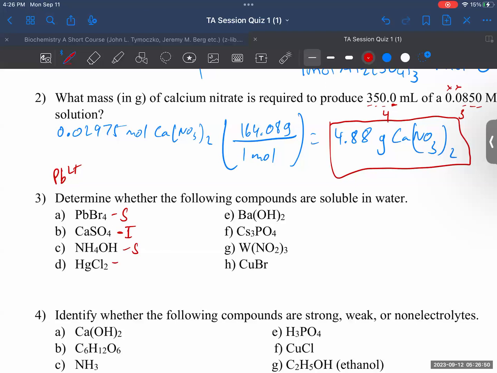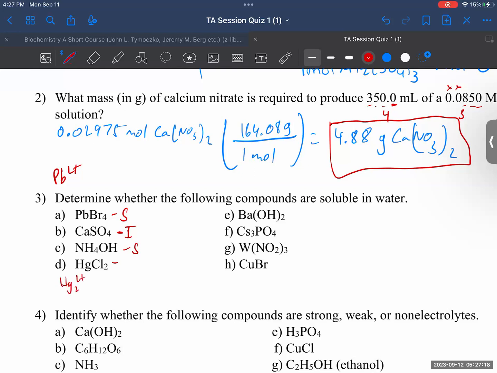Mercury, HgCl2. Something with mercury. Soluble? Yeah, because chlorine is always. David's shaking his head. Why are you shaking your head? Because mercury is one of the exceptions. It's Hg2 2+, right? Yes, the thing you'll see on the chart is Hg2 2+.